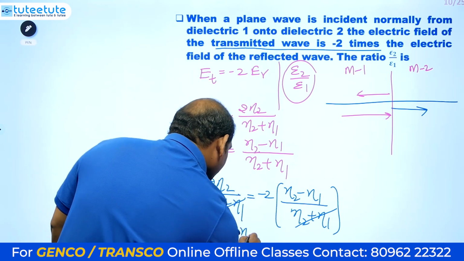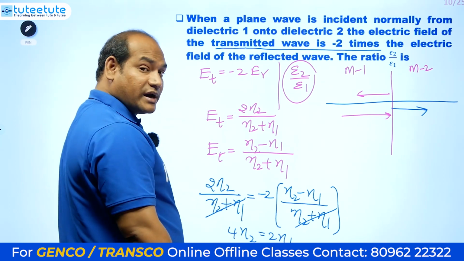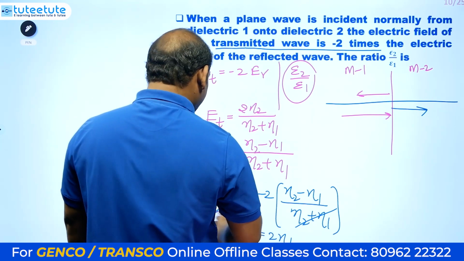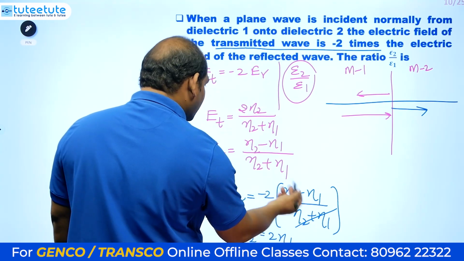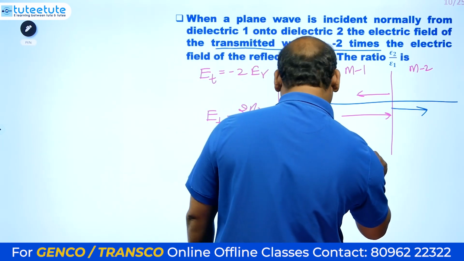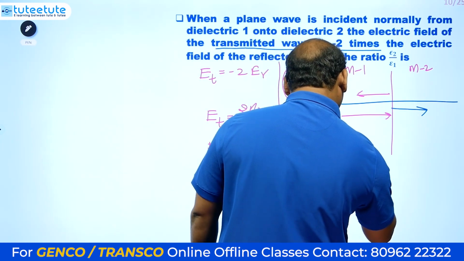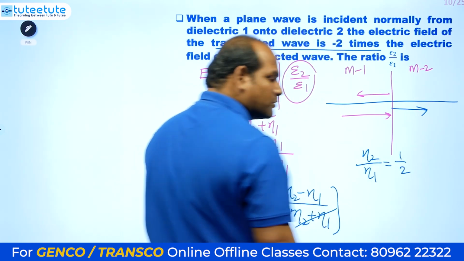So 4 times eta 2 is equal to 2 times eta 1. Like this we can write. Then it can be written as eta 2 by eta 1 is equal to 1 by 2.